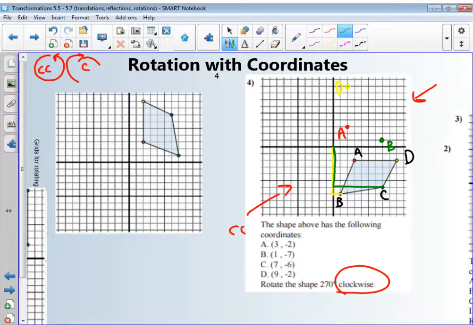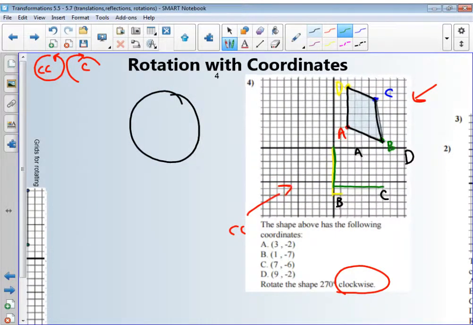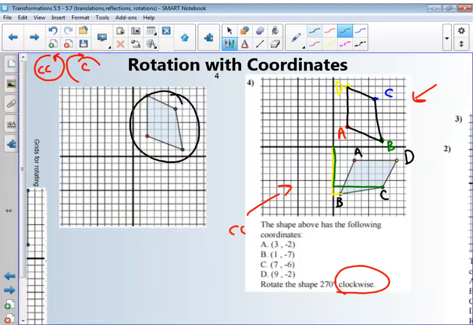So out 6, up 7. There's my C. So now if I go through and I connect these, they should look the same. Okay, so there's my image. It's not the best, but does it look like this one over here? Do those match up? If I were to slide this over, are they in the same position? Yes, they are. So I did a pretty good job with that.